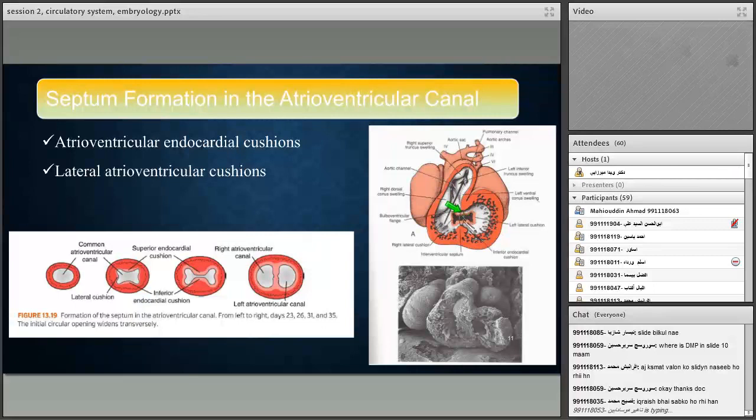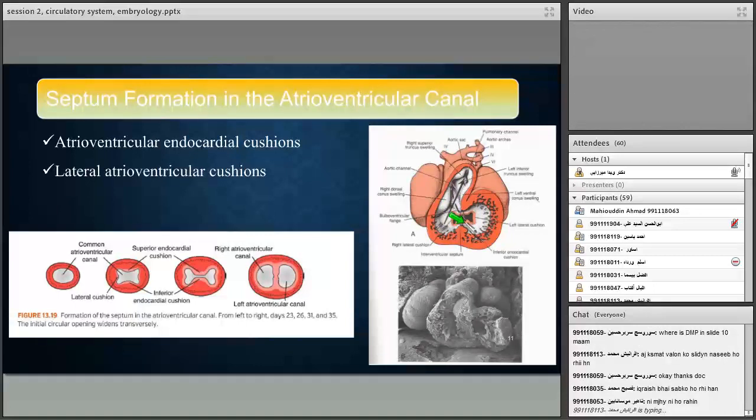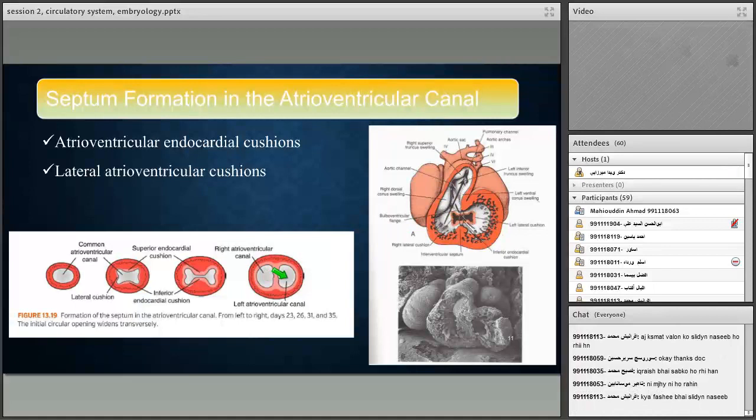We can see the superior and inferior endocardial cushions. They are growing toward each other and dividing the atrioventricular canal into 2 parts, right atrioventricular and left atrioventricular canals.